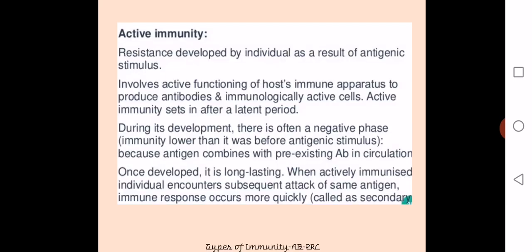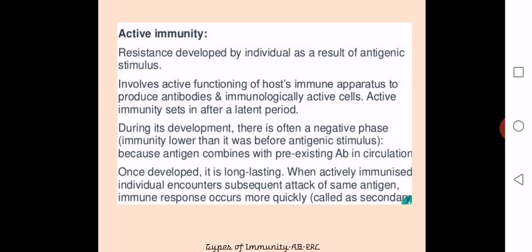And what is active immunity? Now we are going to discuss the different types of acquired immunity. So first we will see what is active immunity. Active immunity, as the term indicates, has an active involvement of the immune system of the host body. That's what it means, right?